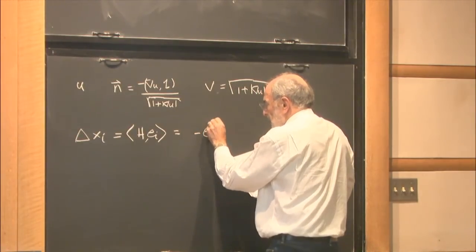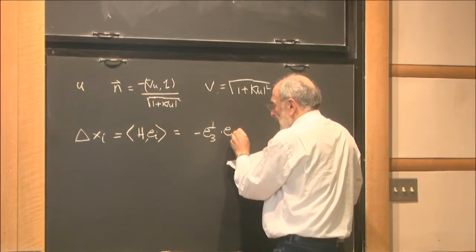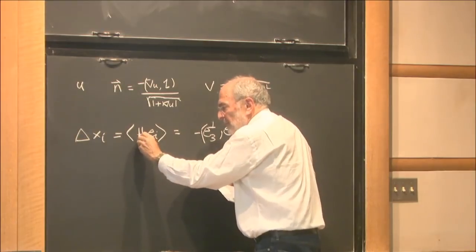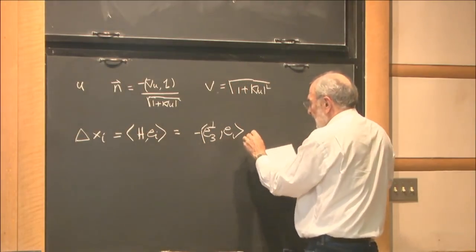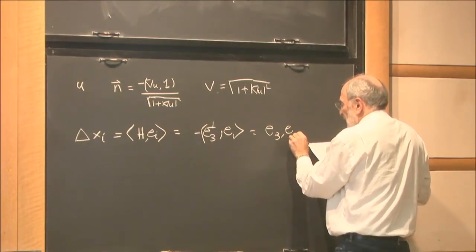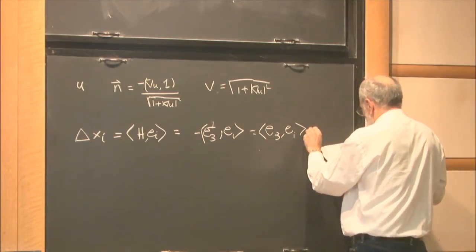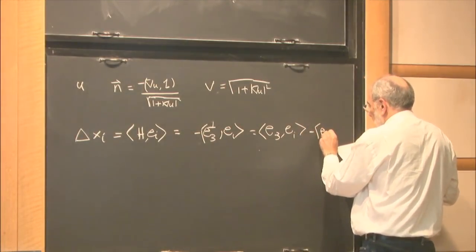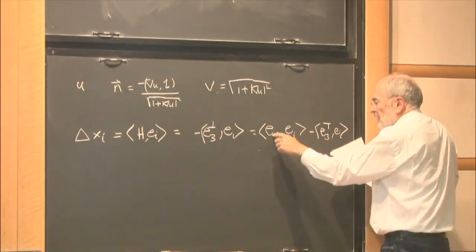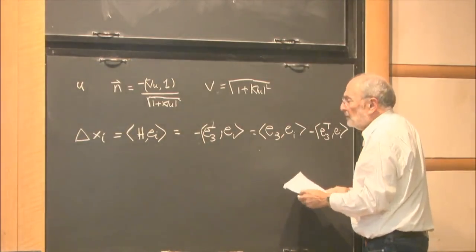minus e3 perp dot ei. Here I've used the equation for translation. That's equal to e3 dot ei minus e3 tangent dot ei. e3 dot ei when i equals 1 or 2, that's 0.